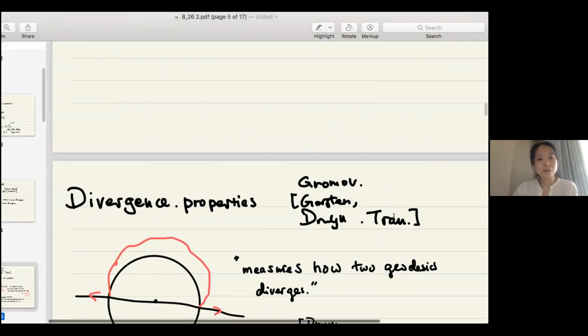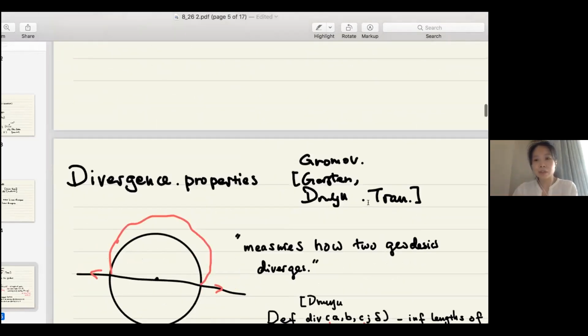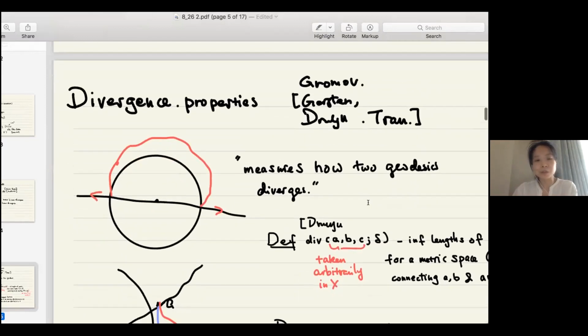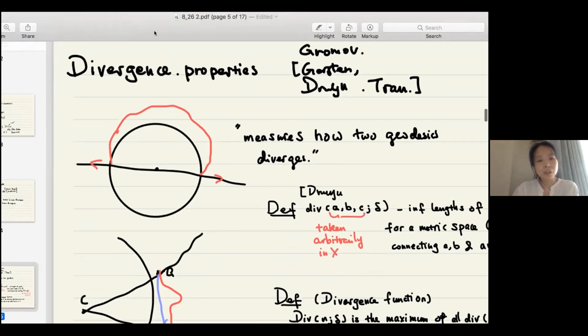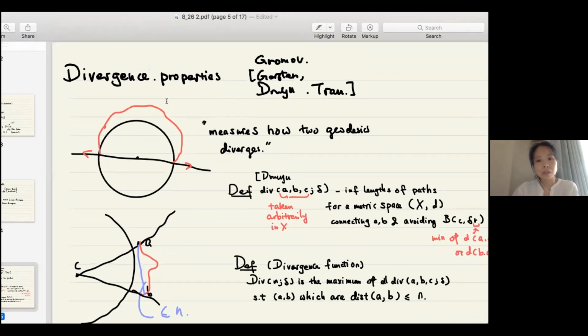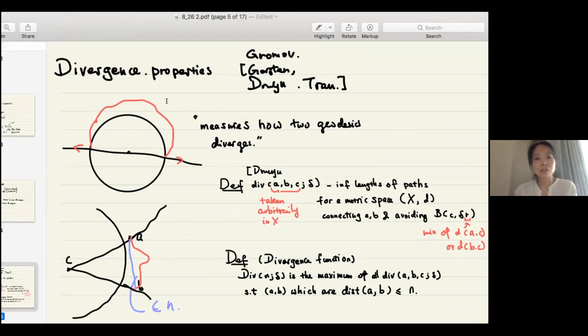So I'm going to start with the first term that appeared in the title of the talk, the divergence property. The intuition is just that we're looking at how two geodesics diverge from each other in the metric space.